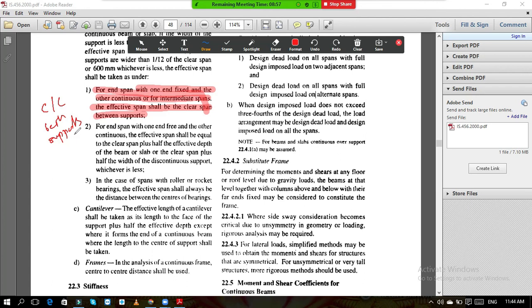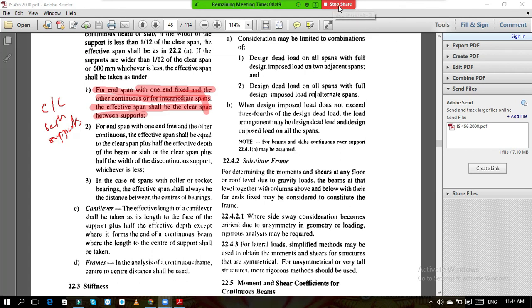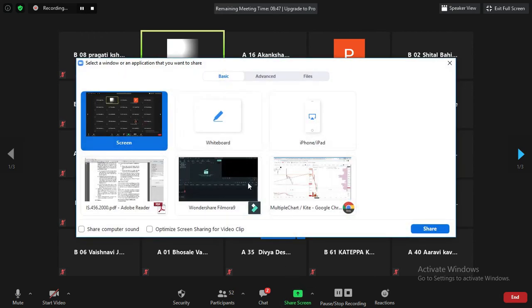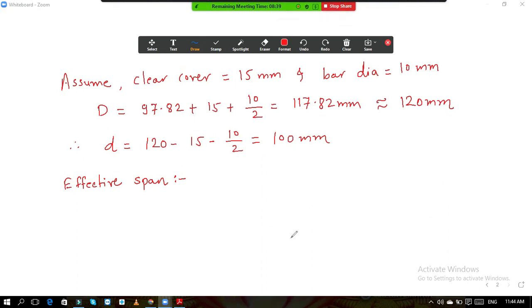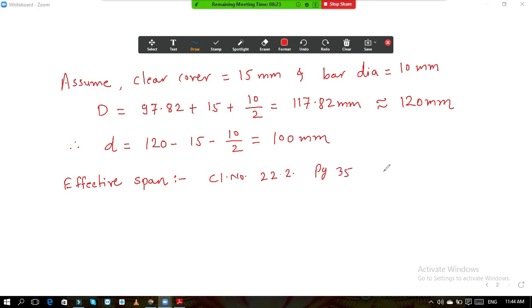Now again we will move to the whiteboard and we will do the further calculations. So here effective span, clause number 22.2, page number 35, what does it say?